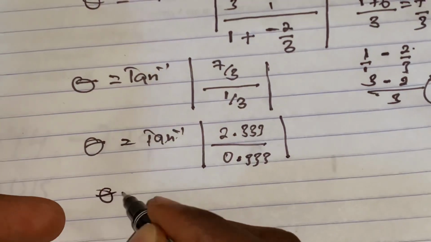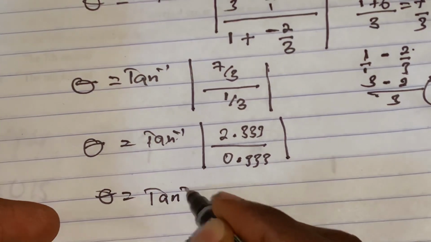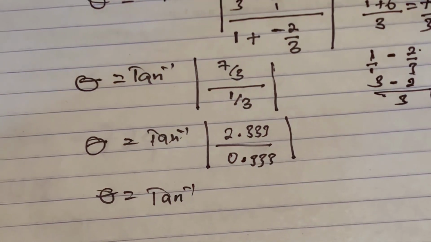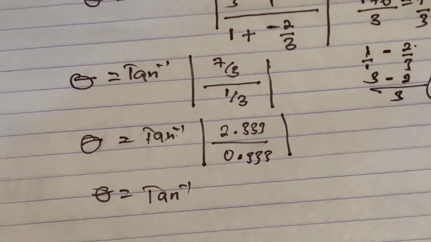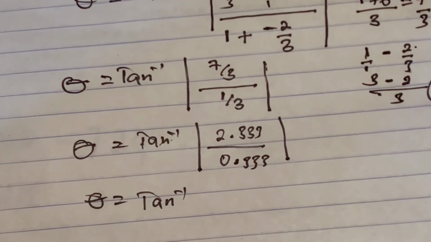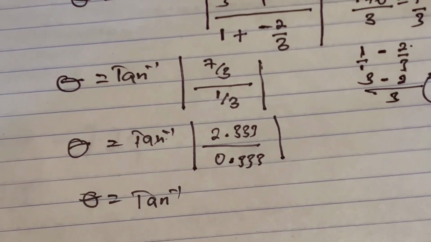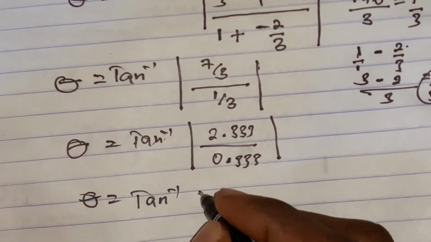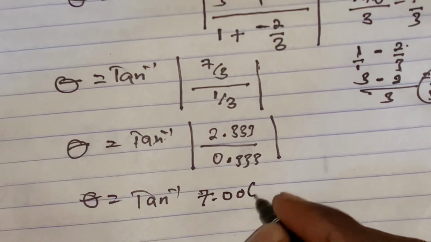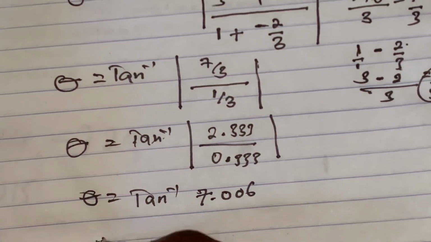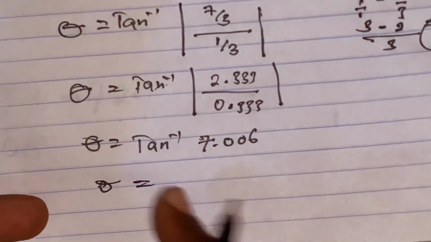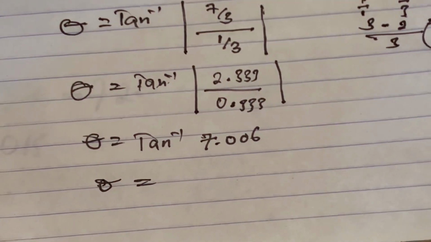So now theta would be tan inverse of this value, 2.333 divided by 0.333, which is 7.006. Then now we put theta equals tan inverse of this answer.